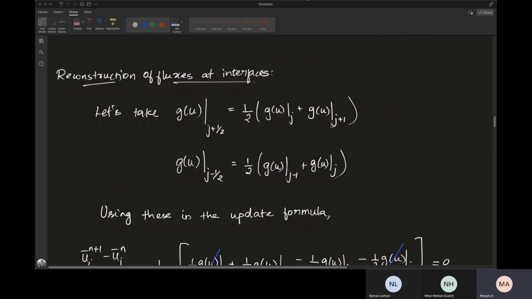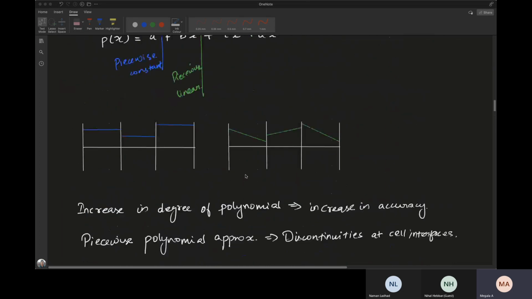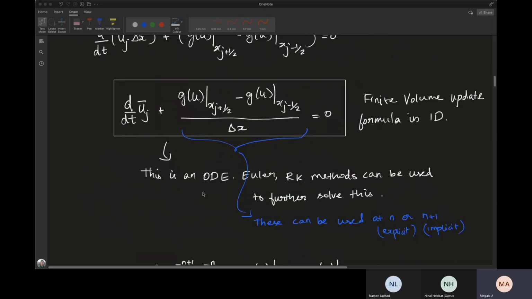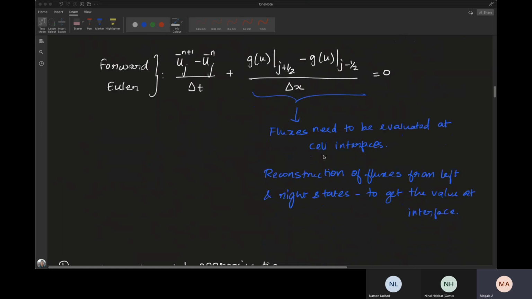Now let us use these expressions in our update formula. This was our formula, right? Plus we did forward Euler approximation. So now this is our finite volume update formula. In this formula, let us just substitute the expressions that we just considered for the fluxes at the interfaces.